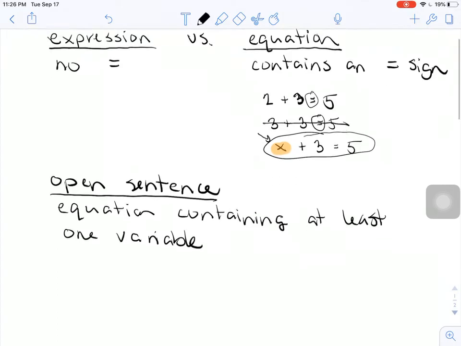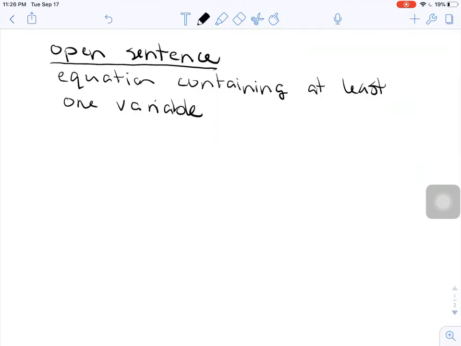There are a couple of things at this point that you should be able to do to work with an open sentence or an equation with variables. When we have an equation, we talk a lot about solving equations. So you will be asked to solve equations quite a lot in algebra.